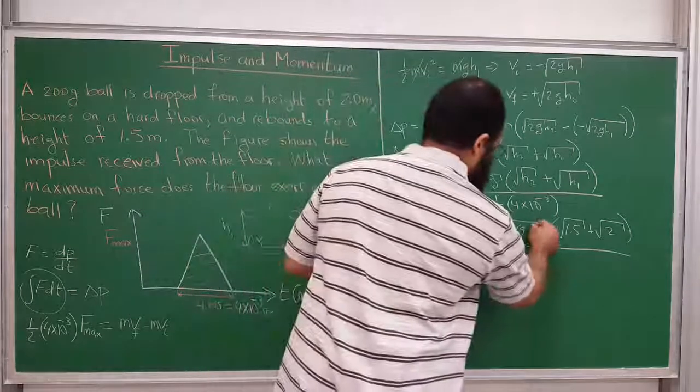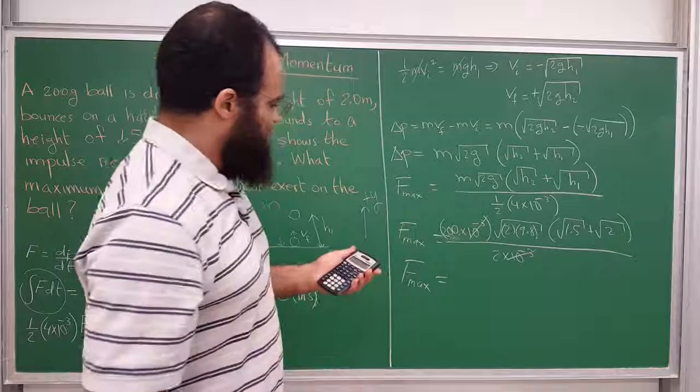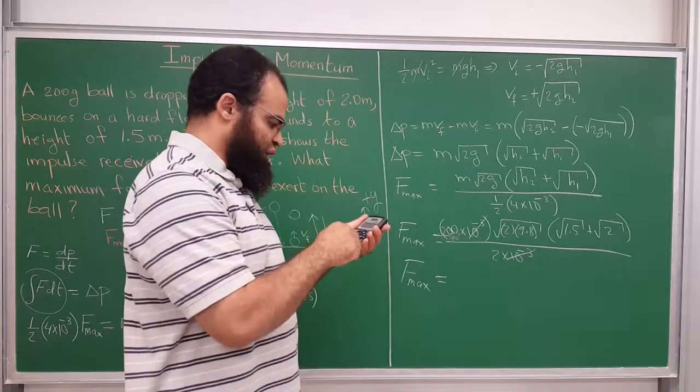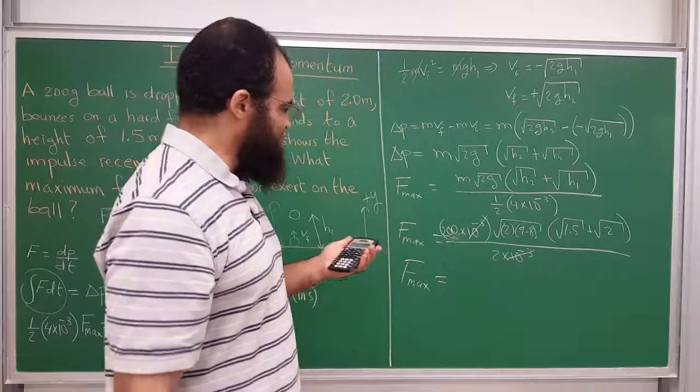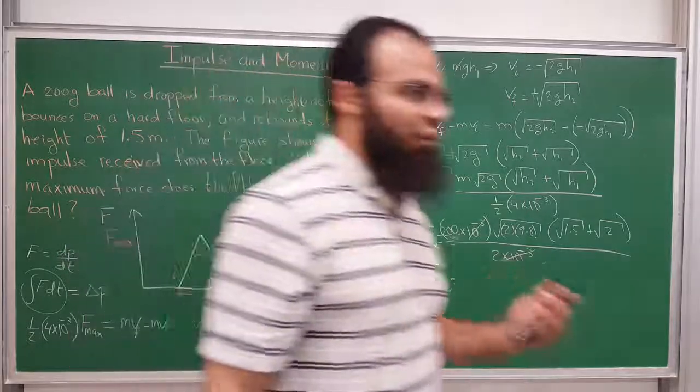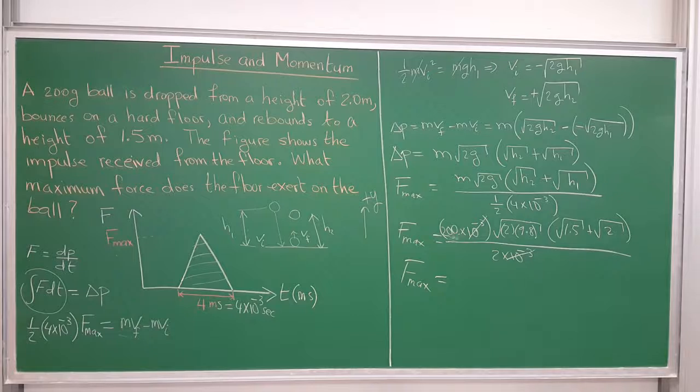Should say close parentheses here. And then times 200 over 2, which is 100. So times 100. I have 1168, but let me just double check my algebra here.